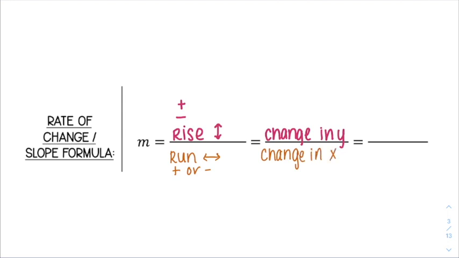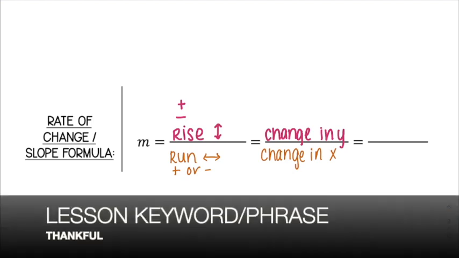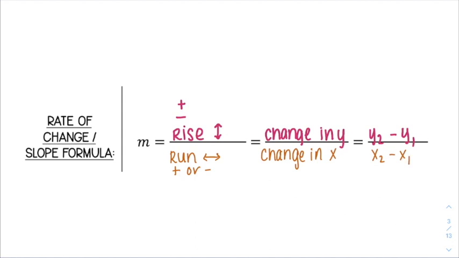Again, it could be a positive change or a negative change in y or x. And then you have the slope formula, which is y2 minus y1 over x2 minus x1. We're trying to find the difference between each point.